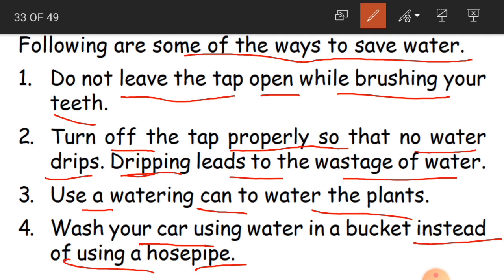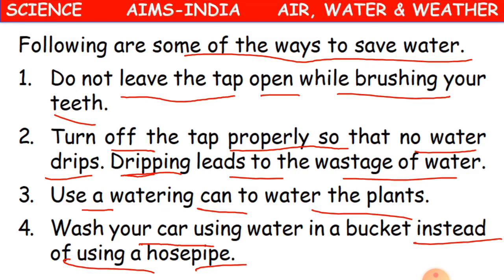Through this, much water will be wasted. Instead, we can take water in a bucket, as much as is required, and pour the water from the bucket only when it is required. Okay, children, so this is also one method to save the water.